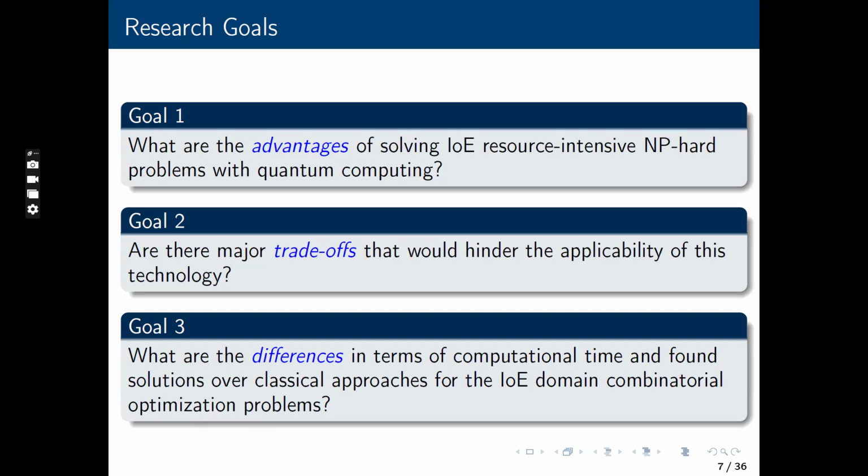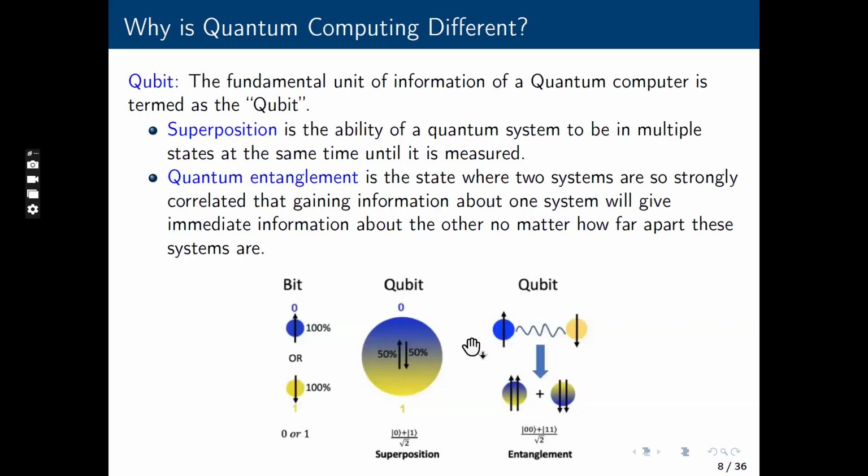And finally, what are really the differences of quantum versus classical computing when it comes to solving optimization problems in terms of found solution quality and computational time? So these are the three major key questions that I had in mind when I started my research with quantum optimization.